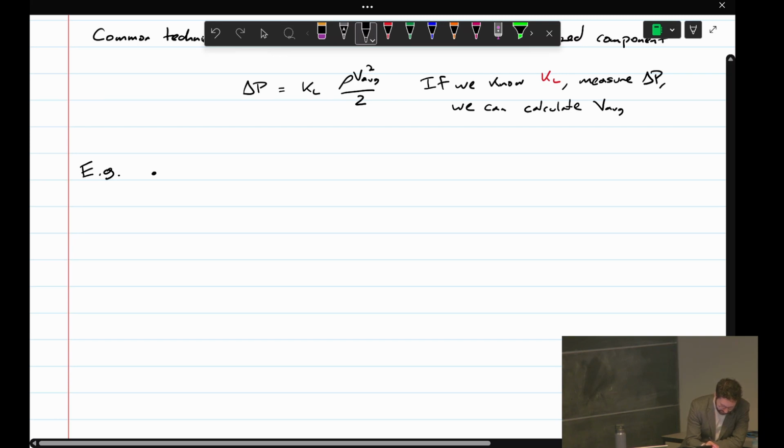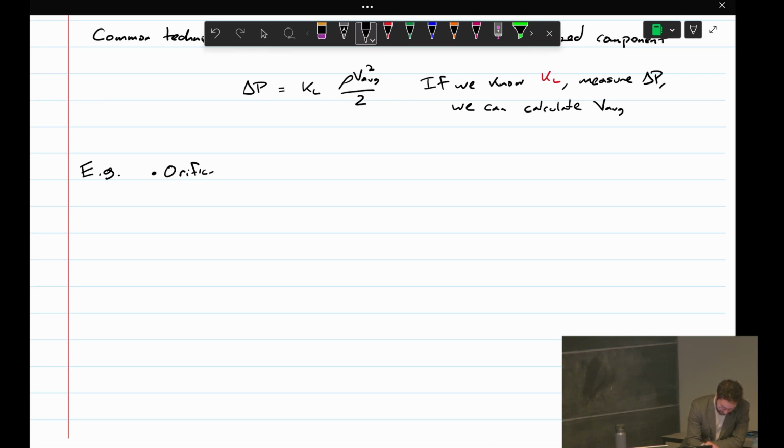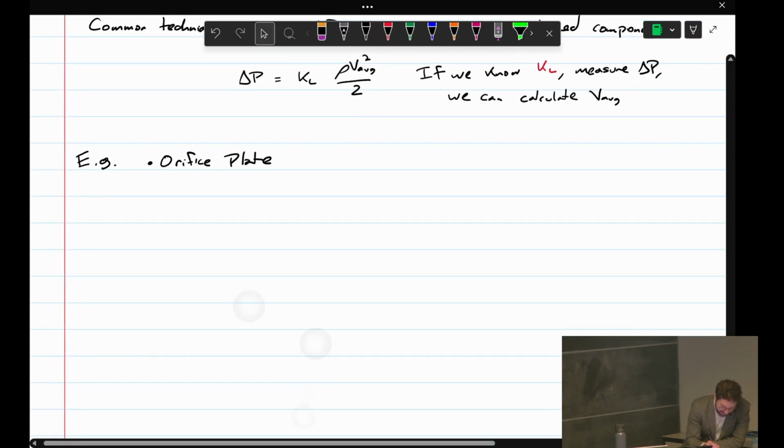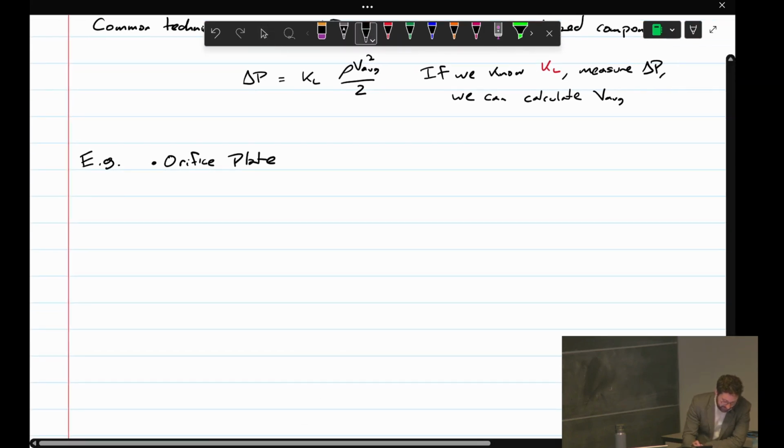So the first one is an orifice plate. It's literally just a plate you stick in the pipe. So say you have a pipe like this.